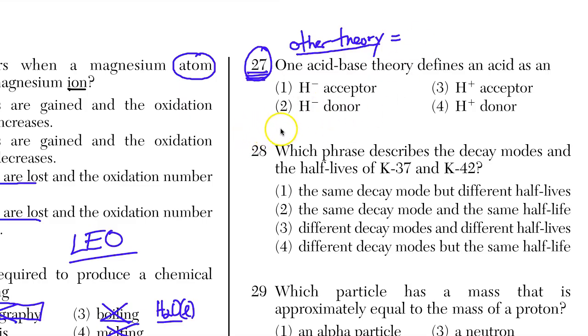Case in point, if I have HCl again, and I have ammonia, NH3, what can happen is the proton, the H plus from the acid, is donated to the NH3. So in Arrhenius, we say HCl is an acid because it produces H plus ions.